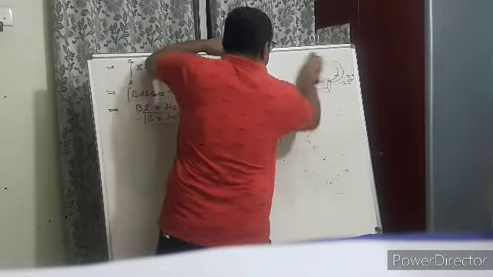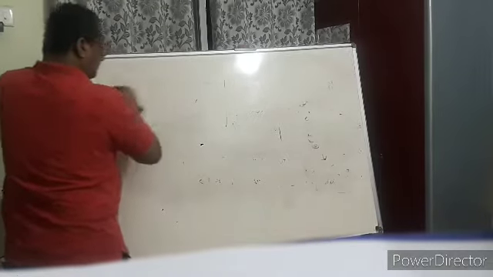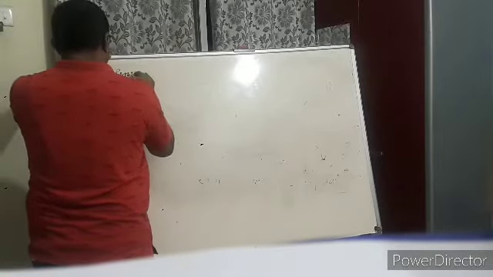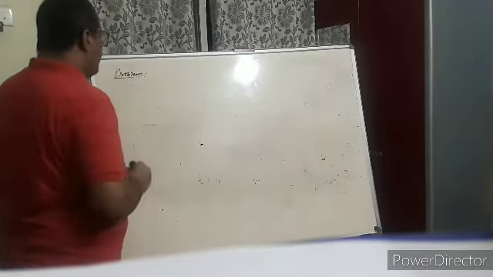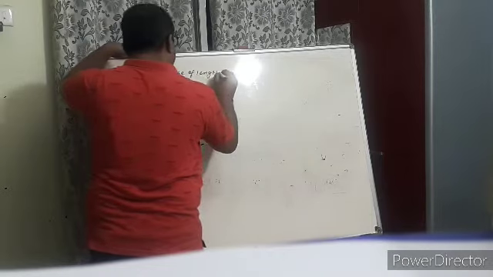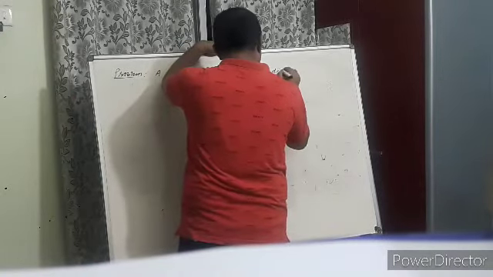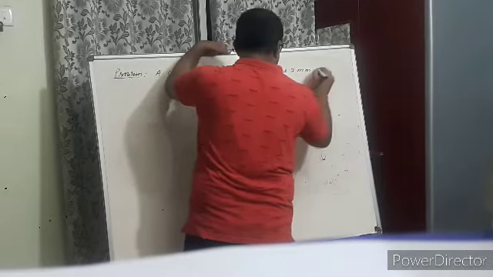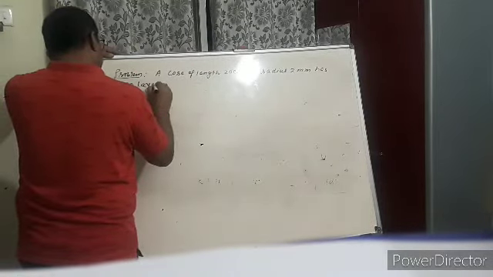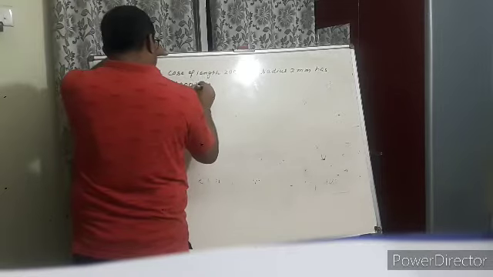Problem 1. A core of length 20 centimeter, of radius 2 millimeter, has two layers of 1000 turns each.